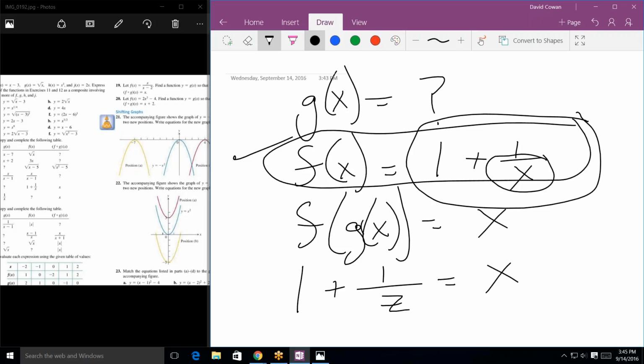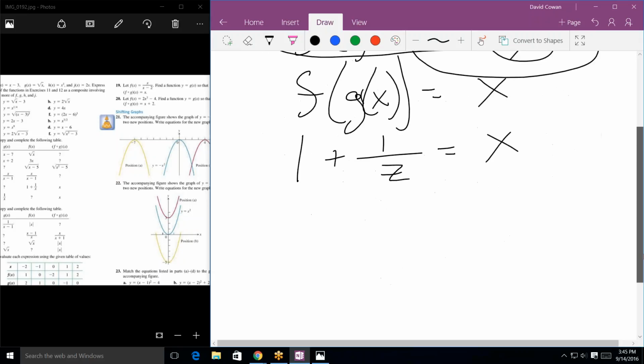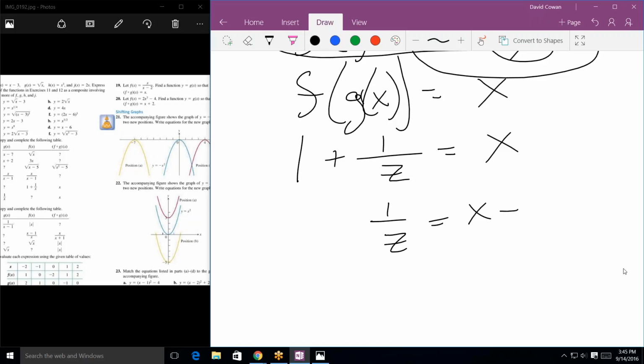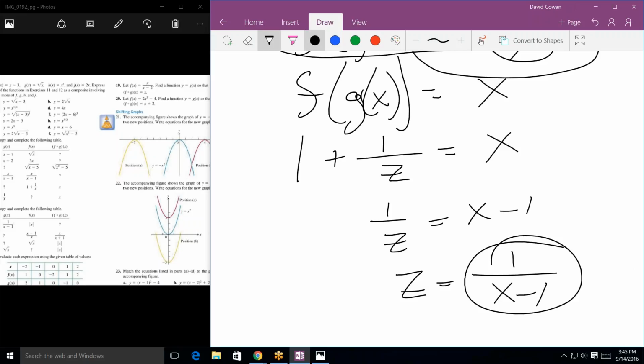Well, let's solve that equation. We get 1 over z equals x minus 1, which means z has to be 1 over x minus 1. That's what our answer must be.